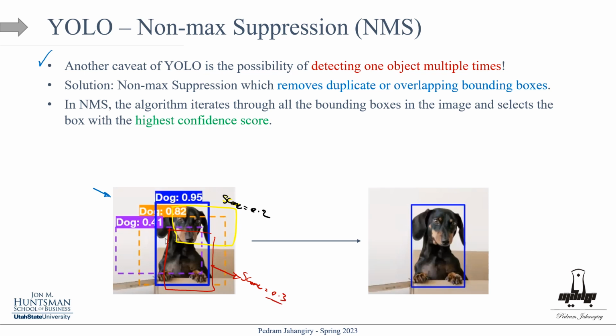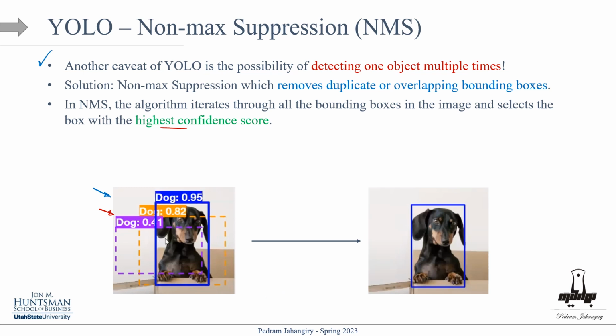Then in NMS, or non-max suppression, the algorithm iterates through all the bounding boxes in the image and selects the box with the highest confidence score, basically the probability. Imagine we have 1, 2, 3, 4, 5 of these, and 3 of them have a score greater than 0.4. I'm going to keep them, and let's remove the rest of them.